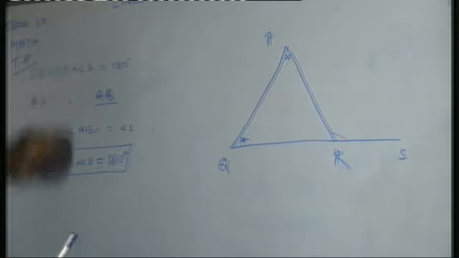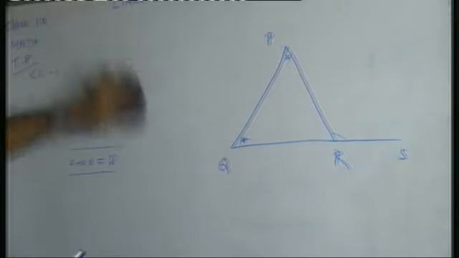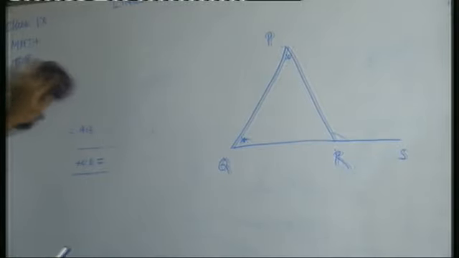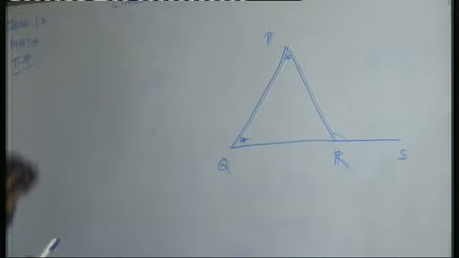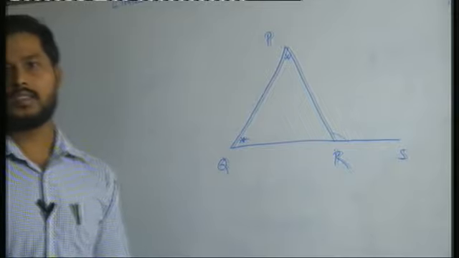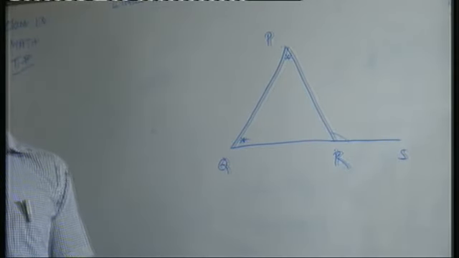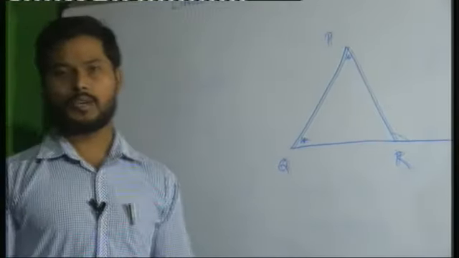How will we prove it? To prove this theorem, we'll apply two concepts. One is that the sum of all interior angles of a triangle is equal to 180 degrees, and the other is the linear pair of angles.